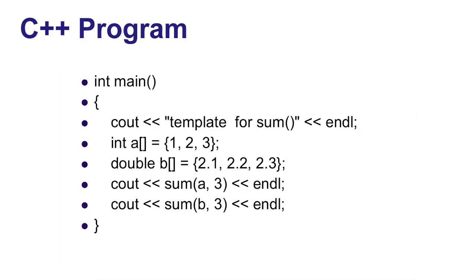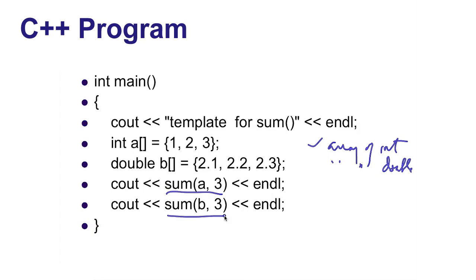Think about it. Here's the main program. In that main program, we're going to use that template. There are two different types of arrays. This is an array of int. And this is an array of double. And then the compiler knows what to select.